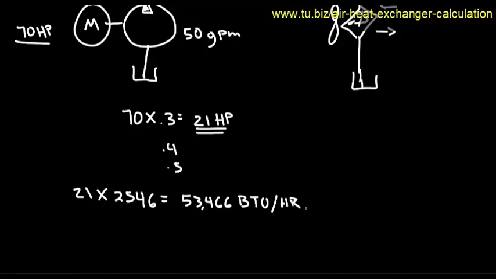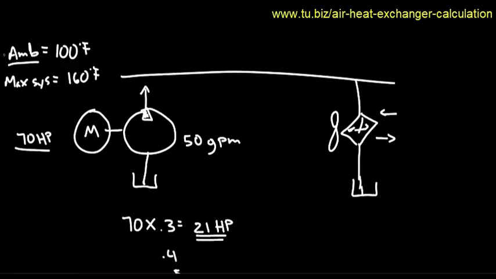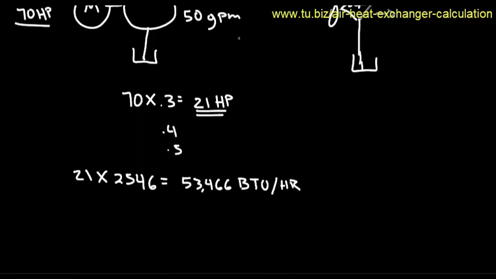Now that I have the BTU, I need to divide that number by the temperature differential that I have between ambient temperature and maximum system temperature. So in this case, I go 160 minus 100 equals 60. That's the temperature differential number that I'm going to use.